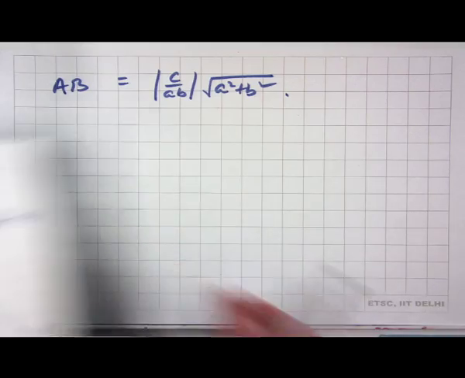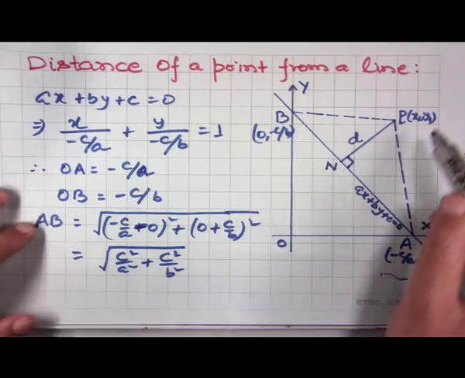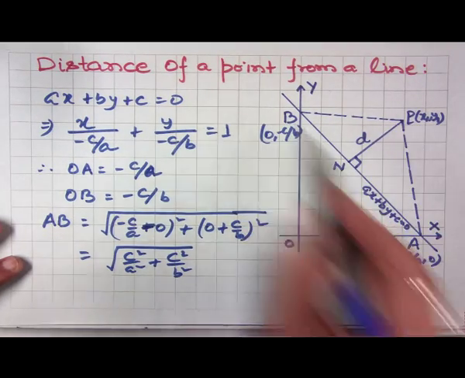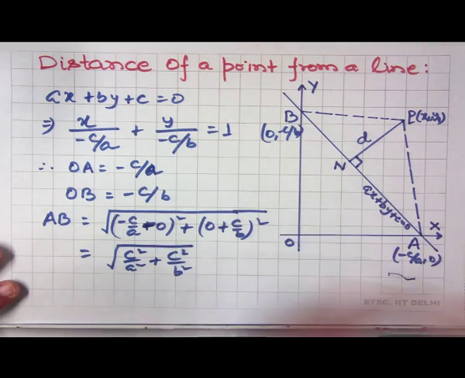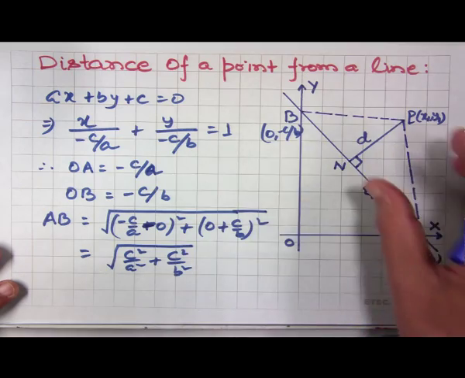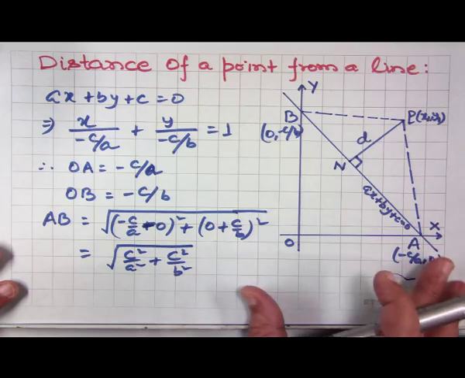Now in this figure, draw PN perpendicular to the given line, that is PN perpendicular to AB, and say the length of this perpendicular PN is equal to d.